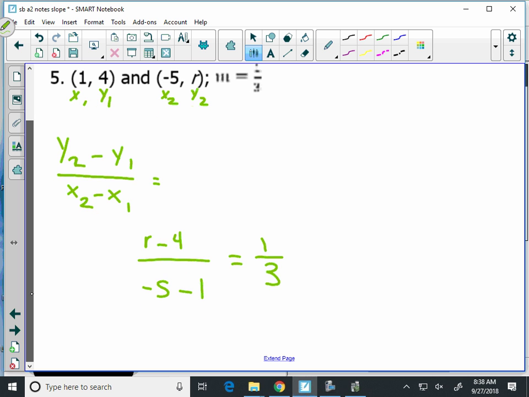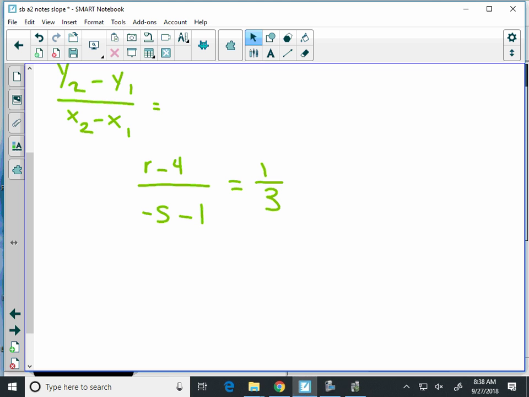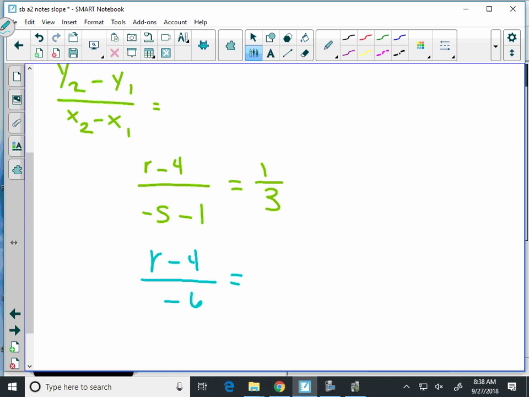And when we clean it up, we can't really do anything with the top, so I'm just going to leave it as r minus 4 over, what's negative 5 minus 1? You can clean that up. Negative 6. Okay. And you should have done this in geometry last year. We have a fraction equaling a fraction. What method of solving do we use?